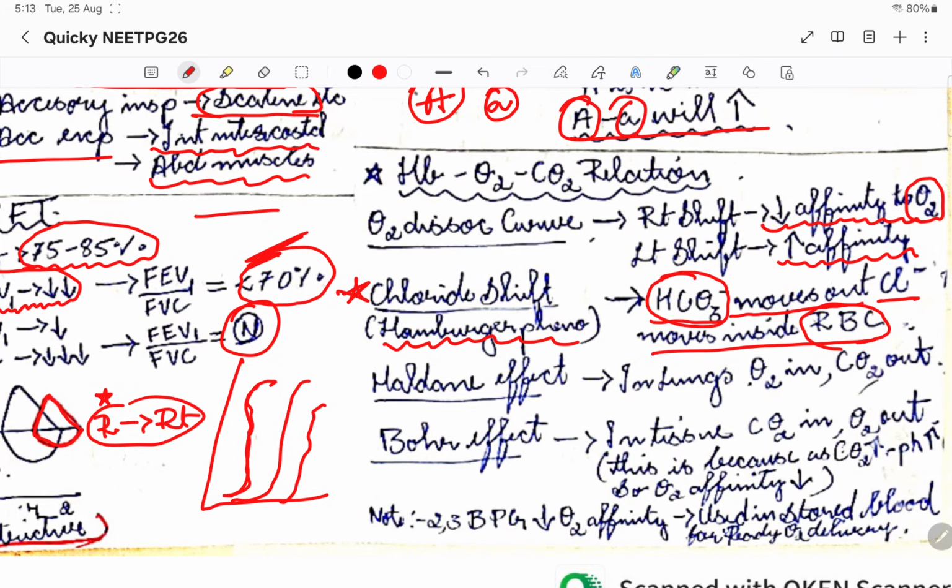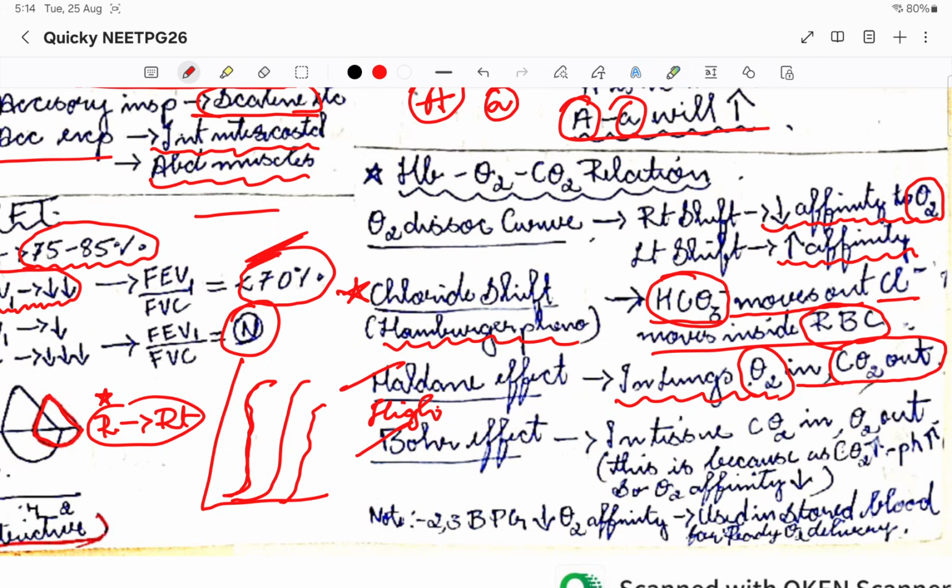Okay, and then there is the Haldane phenomenon and the Bohr effect. The Haldane effect happens high above in the lungs, where there is increased oxygen. In the lungs there is a high level of oxygen, and there is a low level of carbon dioxide. That is why the oxygen from the lungs shifts to the RBC, whereas the carbon dioxide from the RBC shifts towards the lungs.